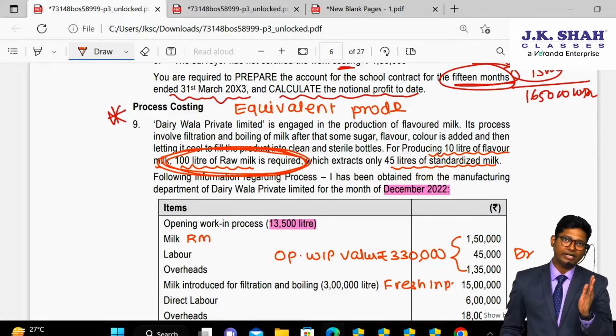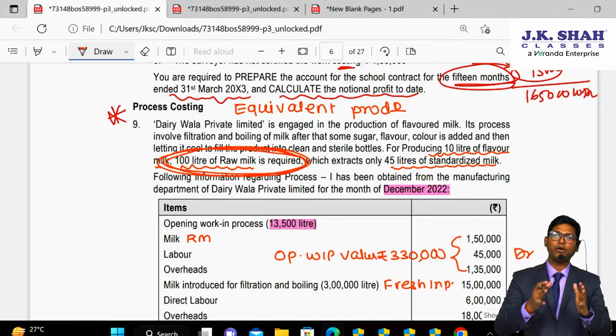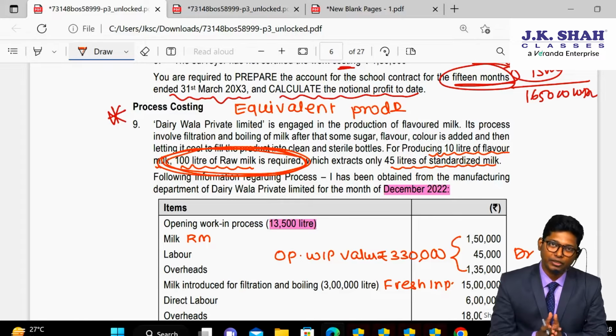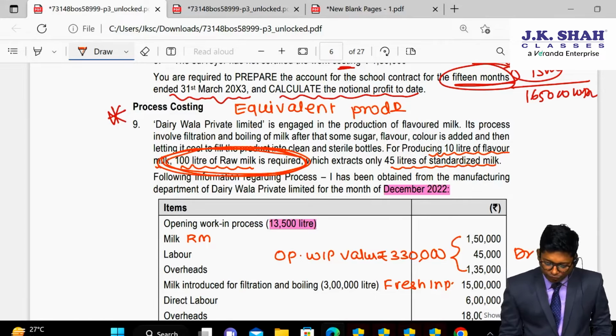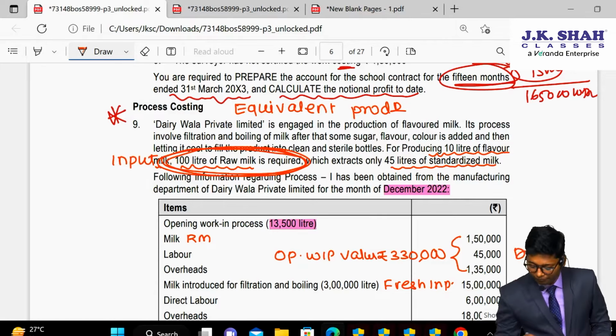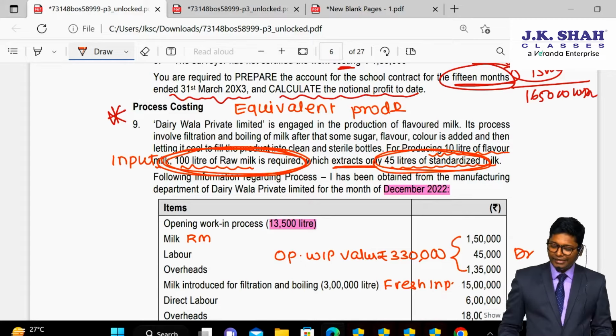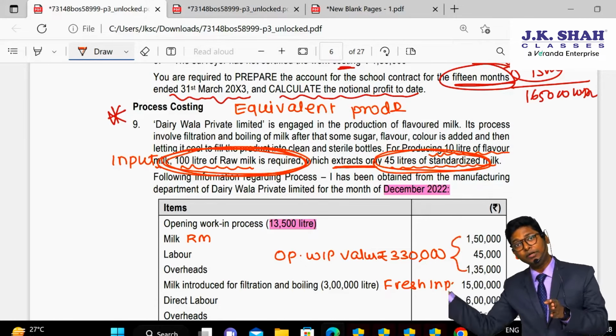Earlier I said we will discuss this point later on, and this is where I am doing that discussion. Now 100 liters of raw milk is required, means whenever you put 100 liters of milk, that extracts only 45 liters of standardized milk, and that standardized milk is further processed into flavored milk.